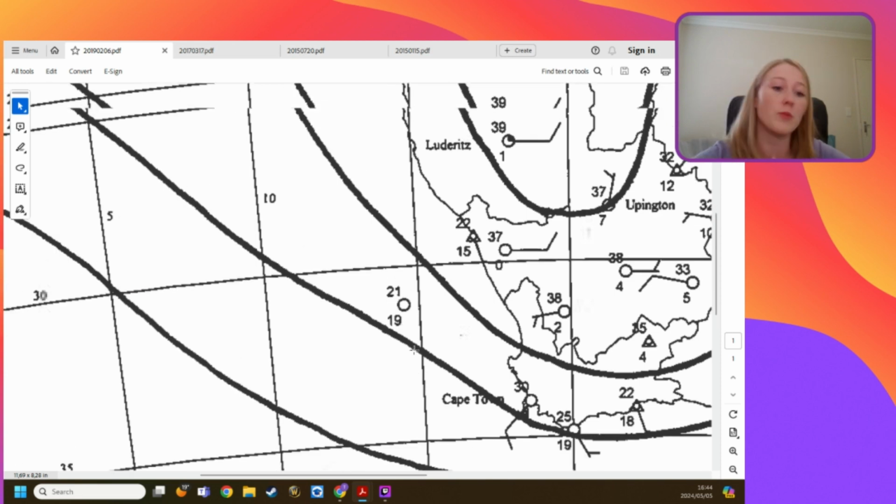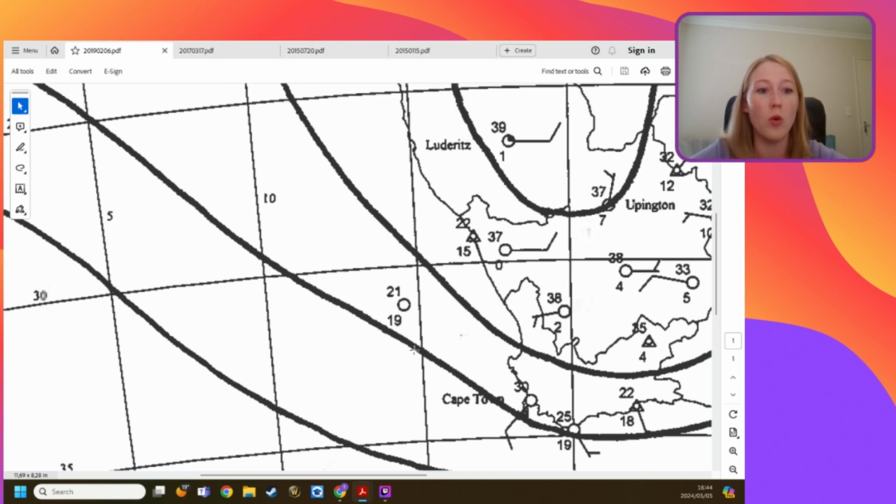So it's possible that this one is calm conditions, or it's possible that they didn't record any wind at that station. Okay, the other thing that we can see is that there are no clouds. The little circle is completely clear. It's 21 degrees and 19 degrees is my dew point temperature. So that means that there's probably quite a bit of humidity in the air over there.